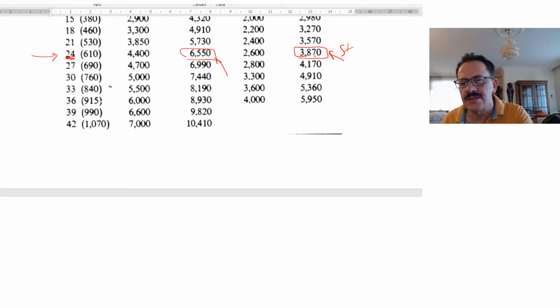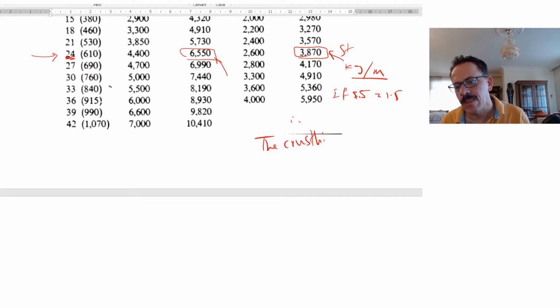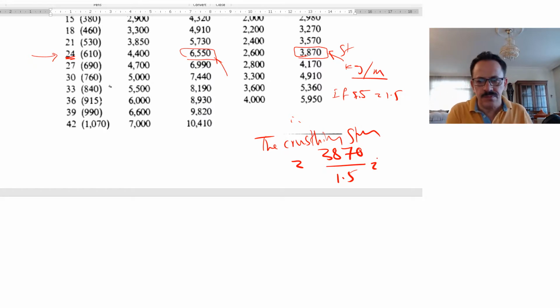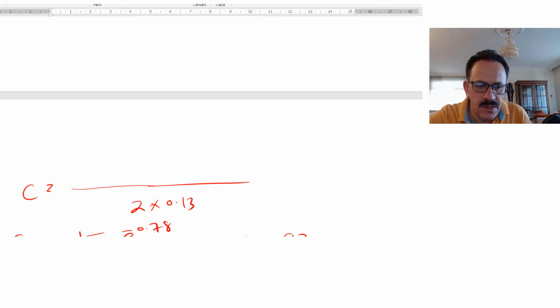This is 3,870 kilogram per meter, the crushing strength, and if I am using a factor of safety of 1.5, then the crushing strength will become 3,870 divided by 1.5, which is equal to 2,580 kilogram per meter.